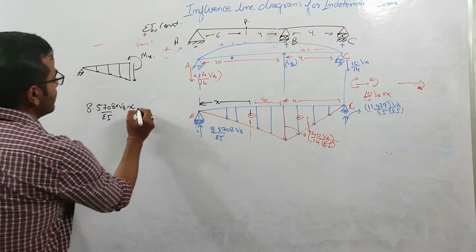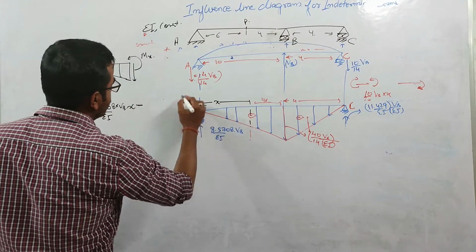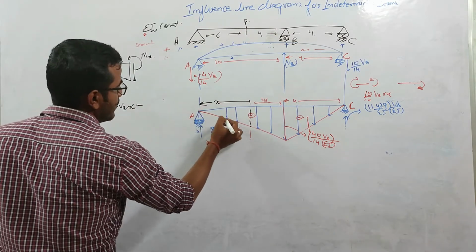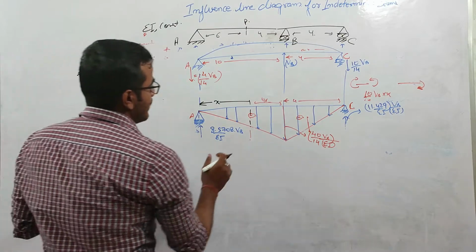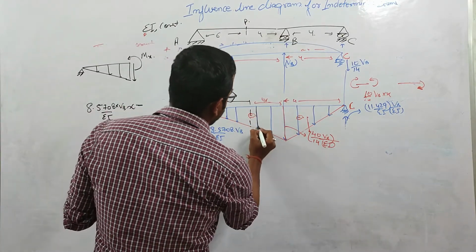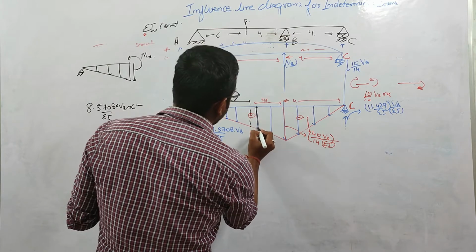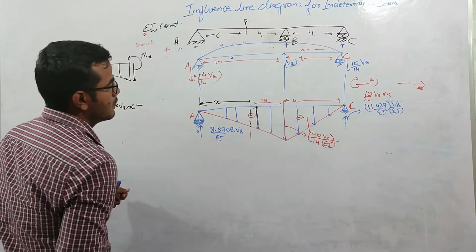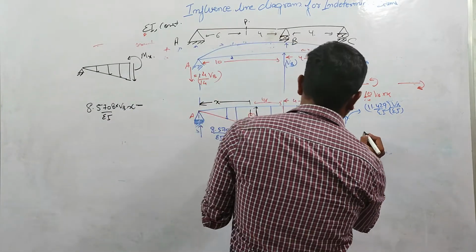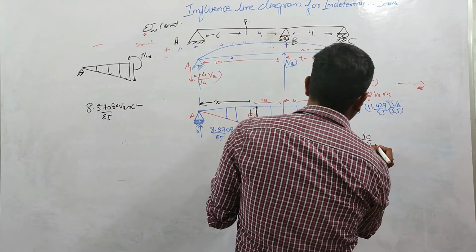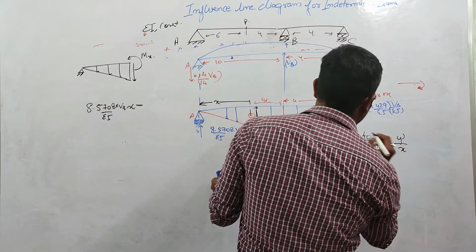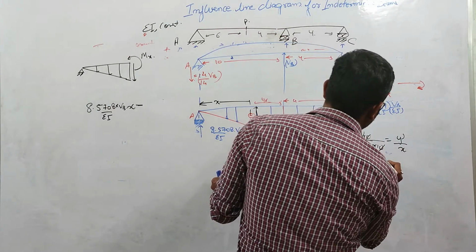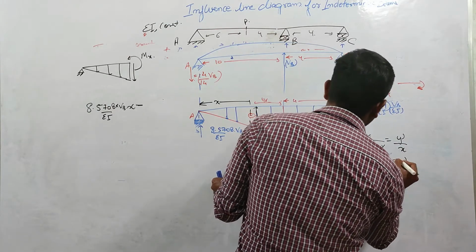Minus of this, at a distance x, this moment is clockwise. Due to this curvature loading, the moment is negative. First I need to use the concept of similar triangles to find this ordinate. So 40 by 14 over 10 equals y dash over x. This value is nothing but 4x over 14 equals y dash.